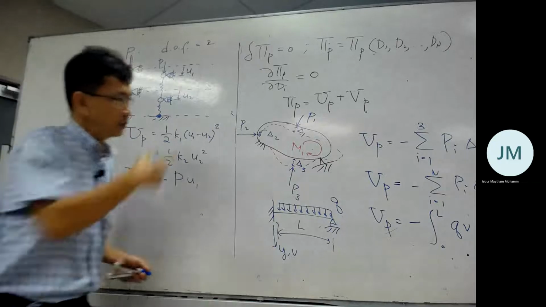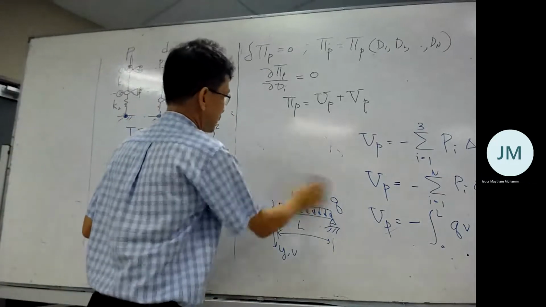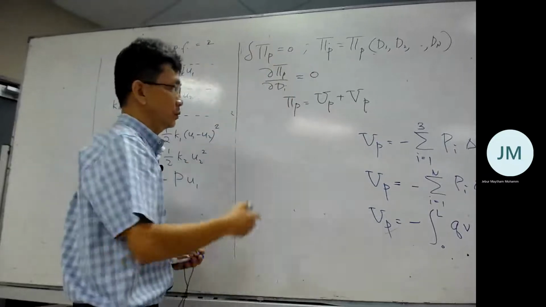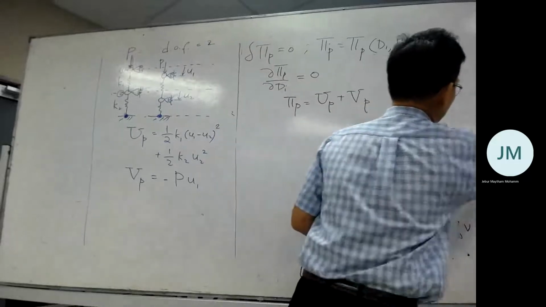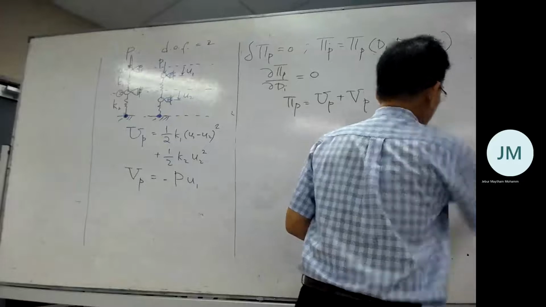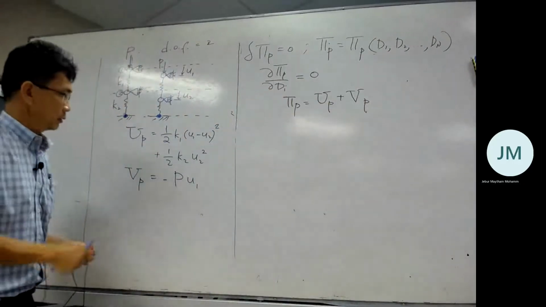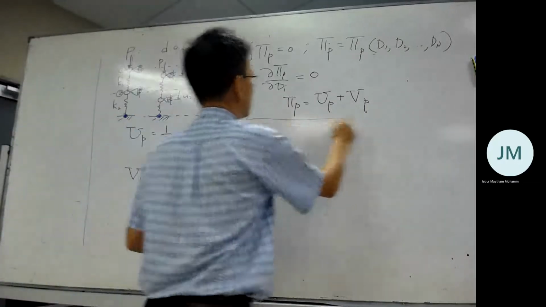Let me take this away, I don't have a big enough whiteboard. So Pi P is UP plus VP. So you add this up.